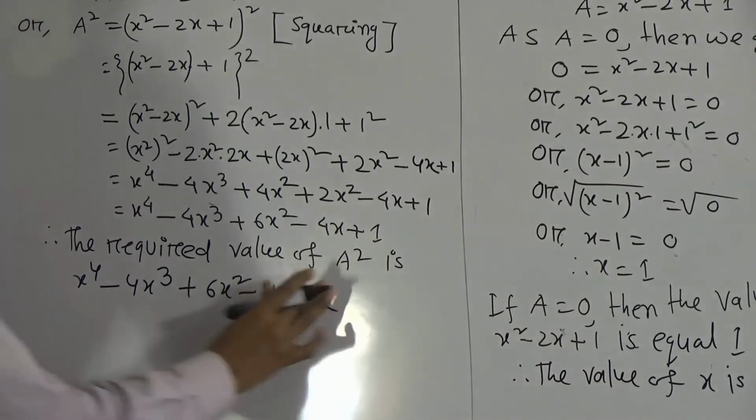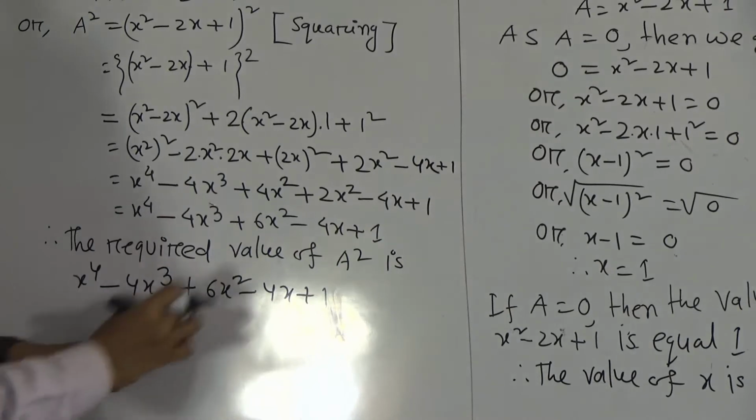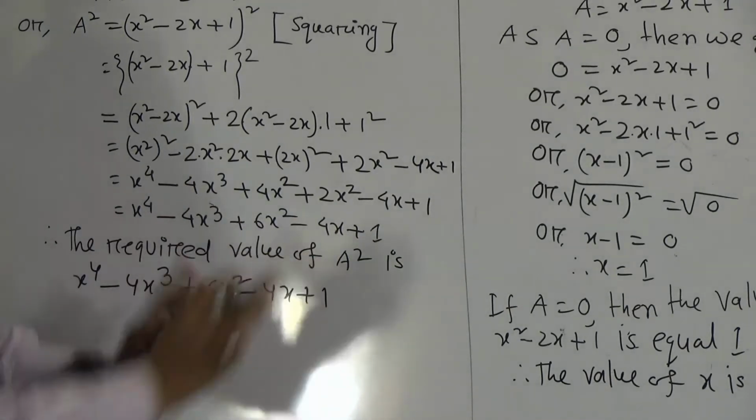Okay. x power 4 minus 4x cube plus 6x square minus 4x plus 1.